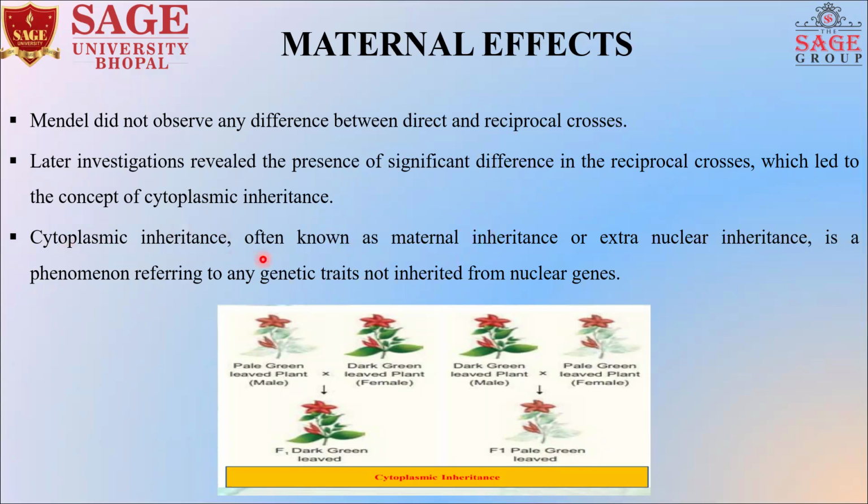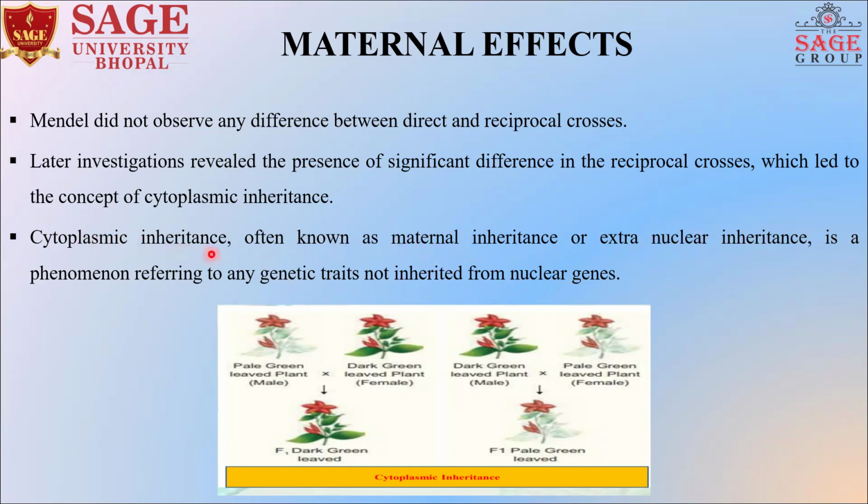So cytoplasmic inheritance, also known as maternal inheritance, means the effect we are observing may be from the maternal side. That's why it is also known as maternal inheritance or extranuclear inheritance, meaning the effect does not come from the nuclear genes. It comes from the cytoplasmic genes.